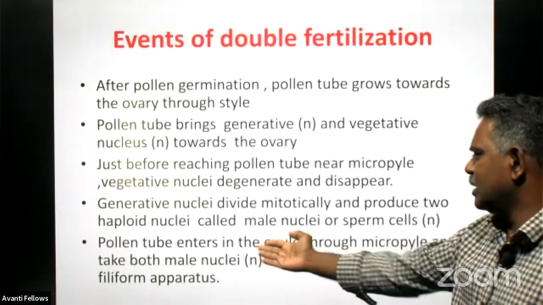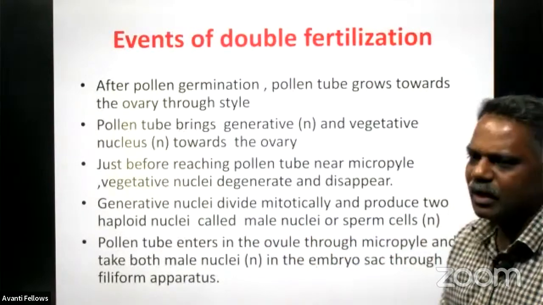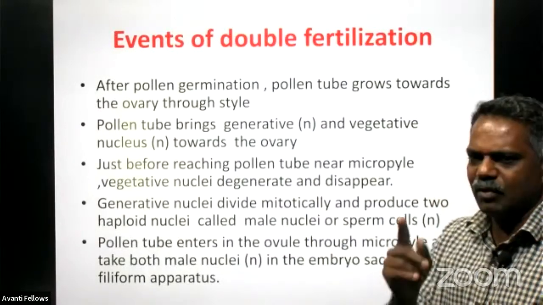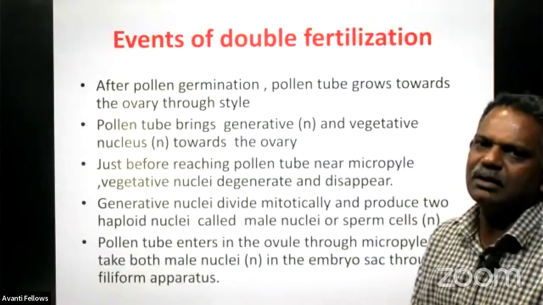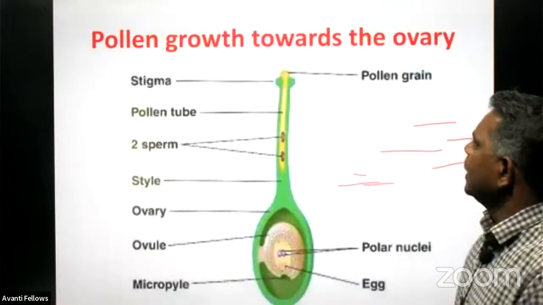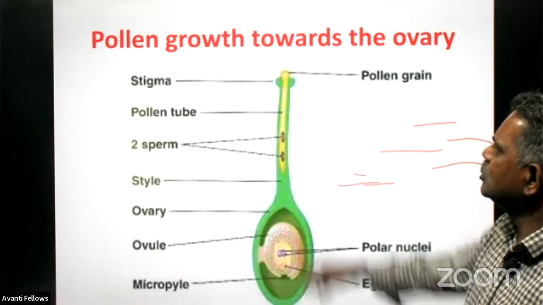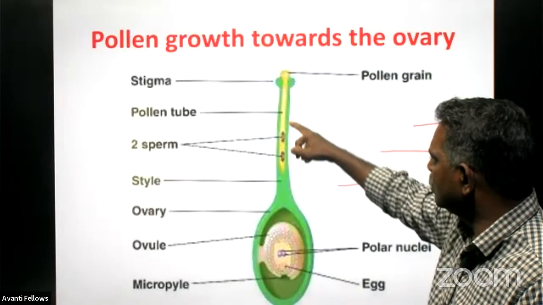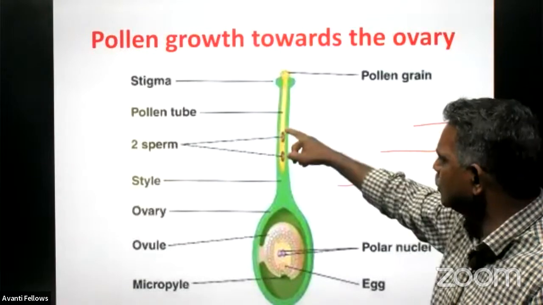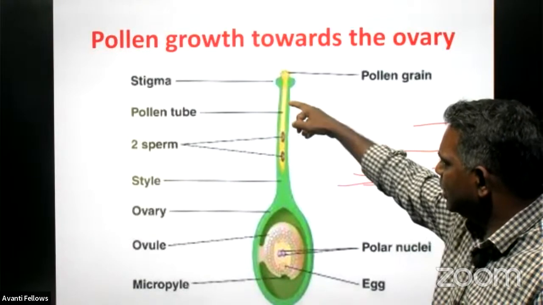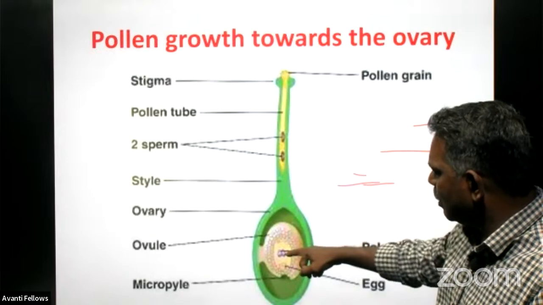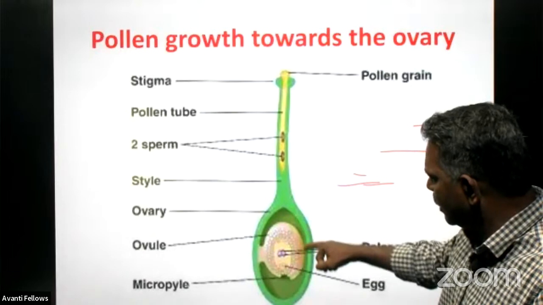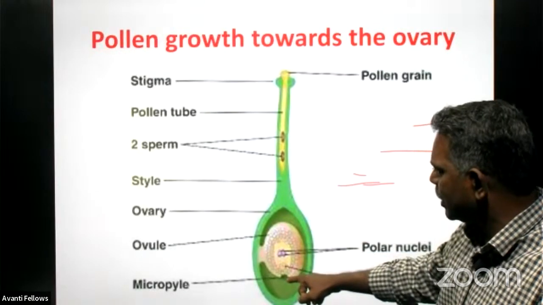So pollen tubes enter the ovule through the micropyle and take both male nuclei into the embryo sac through the filiform apparatus present on the synergids. Here the pollen tube is moving towards the ovary, carrying the generative and vegetative cells for fertilization, and finally reaching the micropyle end.